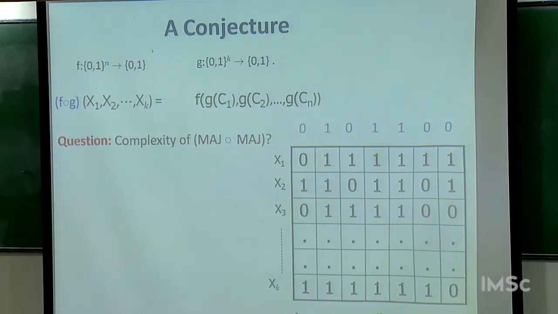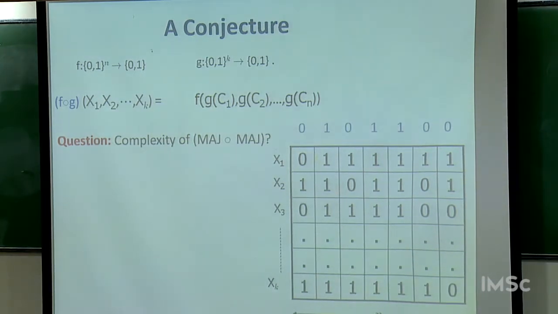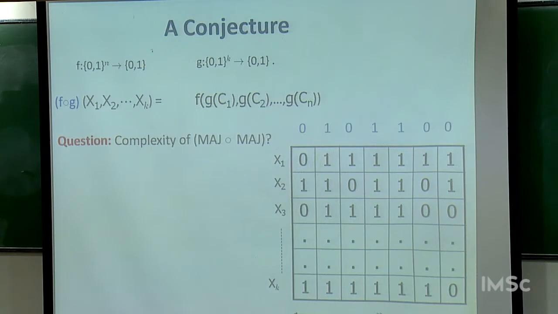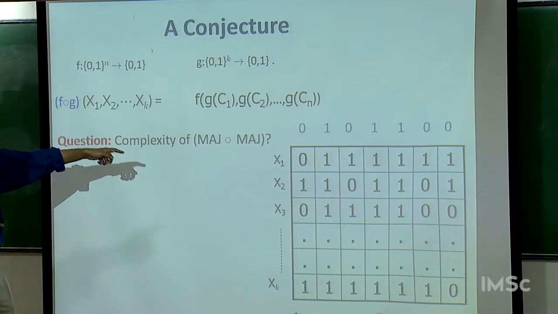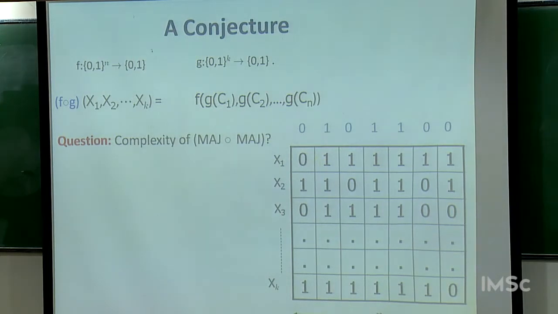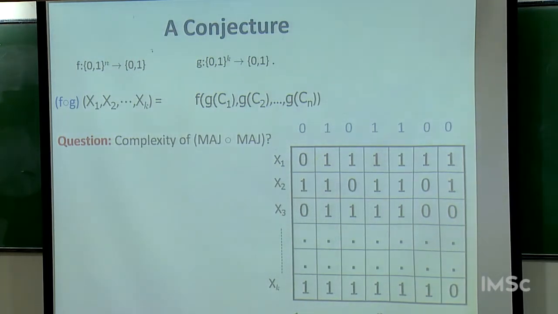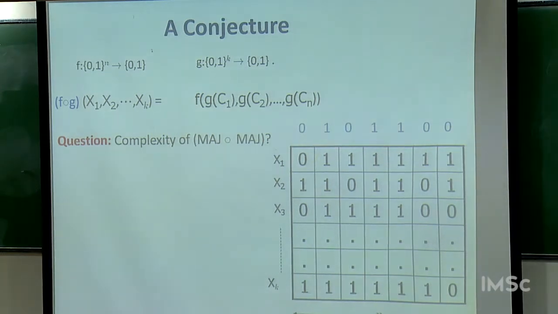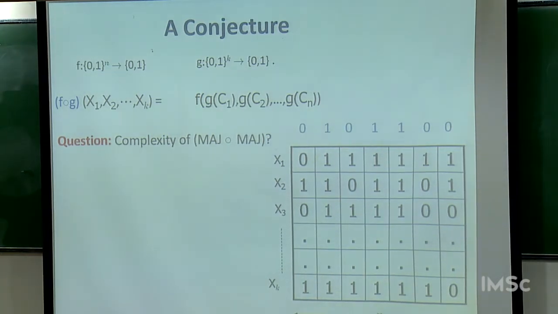And the question that we want to understand is, since majority has been conjectured to be outside of ACC0, we'll look at the complexity of majority composed with majority. Okay? So what is majority composed with majority? You want to see if the majority of columns are columns where the number of bits set to 1 is at least k by 2. Okay? So that's majority composed with majority.